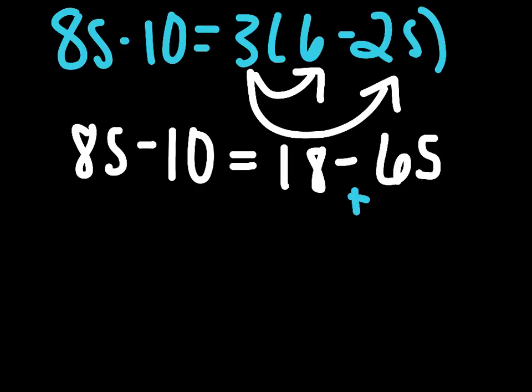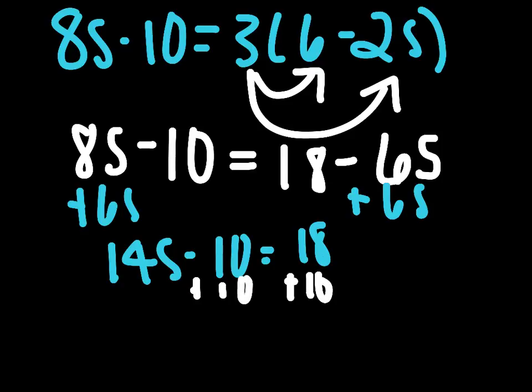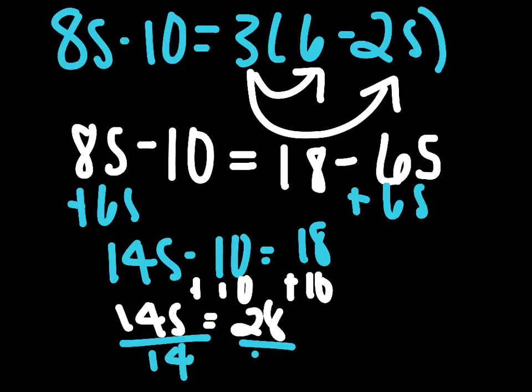So we're going to add 6s, 14s minus 10 equals 18. Add 10, 14s equals 28. Divide by 14, divide by 14, s equals 2.